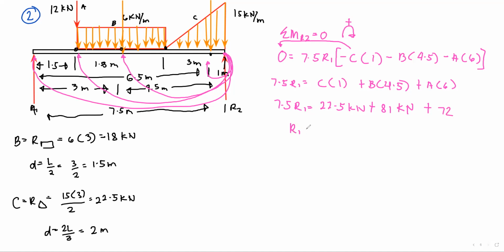So R1 is equal to 72 plus 81 plus 22.5, which is 175.5, divided by 7.5. So R1 is equal to 23.4 kilonewton. The load carried by R1 is 23.4 kilonewton.